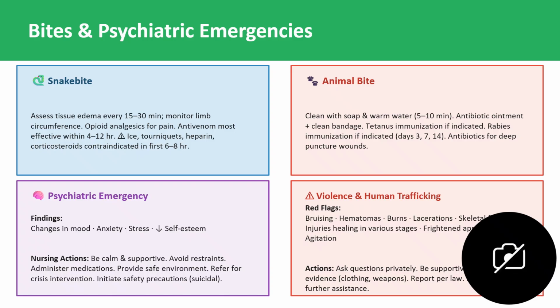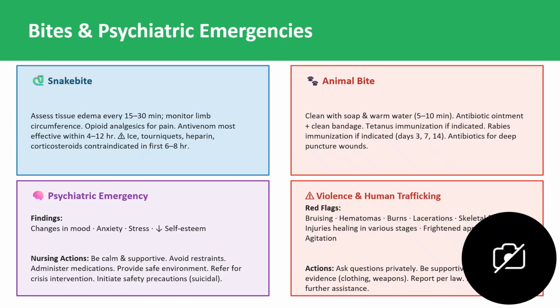For psychiatric emergencies, which may present with mood changes, anxiety, or decreased self-esteem, we remain calm and supportive in the emergency department and avoid restraints when possible, administer medications as ordered, and refer for crisis interventions. Finally, regarding violence and human trafficking, red flags include unexplained bruising.